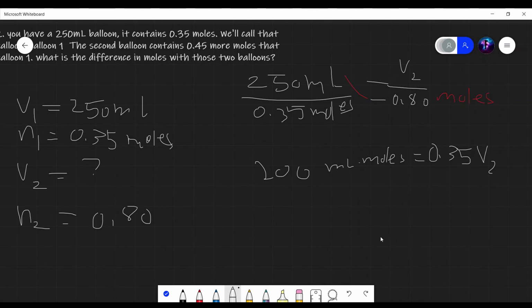Okay, so you're going to divide 200 by 0.35. And that would give you a decimal number. So 571.42 milliliters.